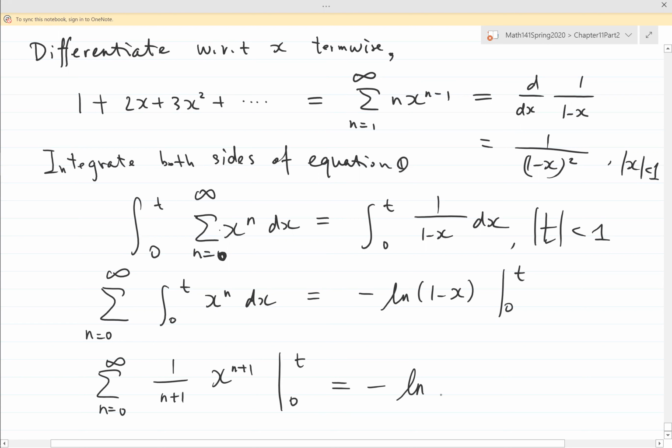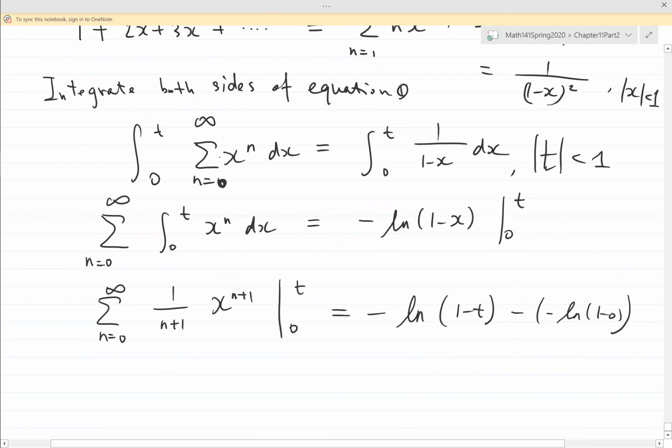The right side you get negative ln of 1 minus t, minus negative ln of 1 minus 0. Now ln 1 is 0, so actually you get negative ln of 1 minus t. On the left side, you do the algebra; when you plug in 0, you get 0. This gives 1 over n plus 1, t to the power n plus 1, n from 0 to infinity.